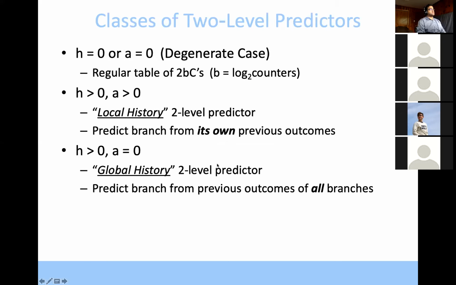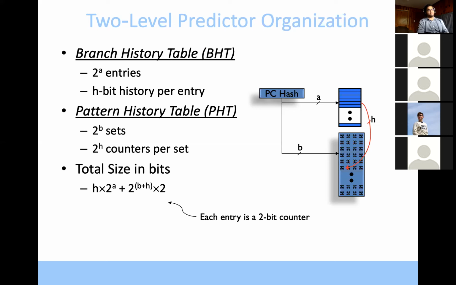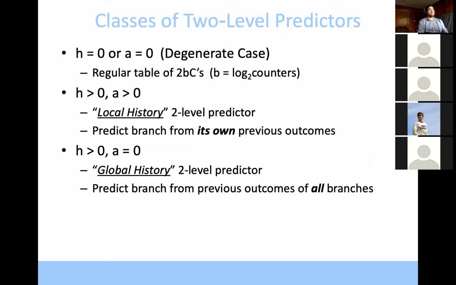And this, you can choose how to design this in a couple of different ways. You can have H and A equal to 0. Then it just becomes a regular table of 2-bit counters. You can have H greater than 0 and A greater than 0.